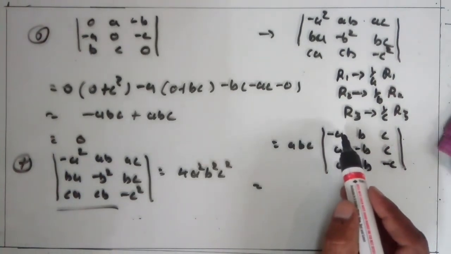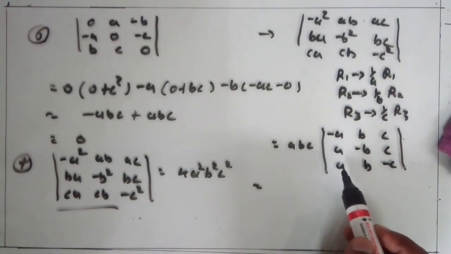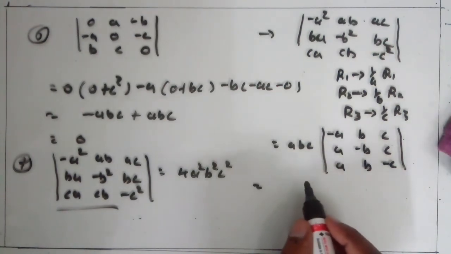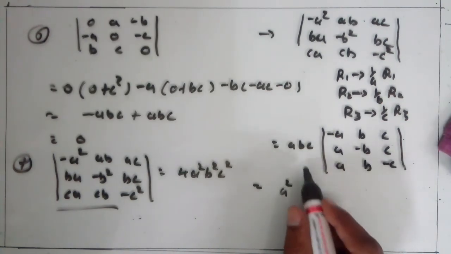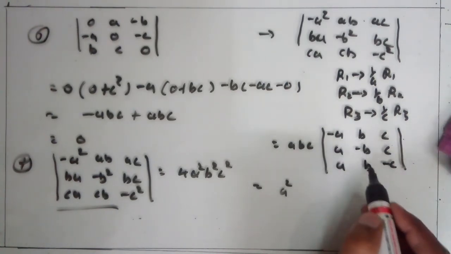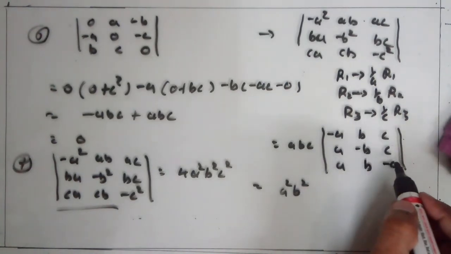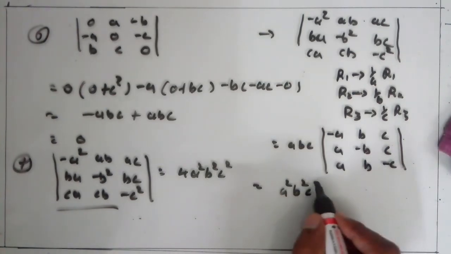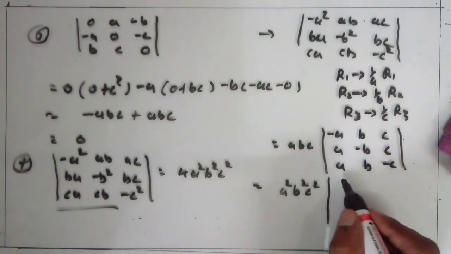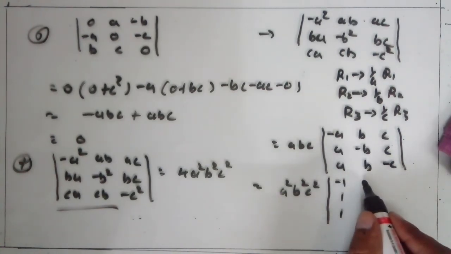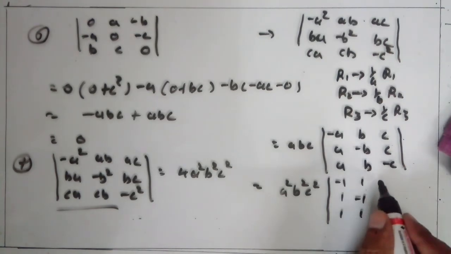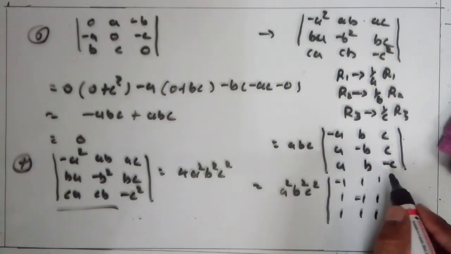Now A taken common from the first column, here we get x square. B taken common from the second column, so we get b square. C taken common from the third column, we get c square. So in the first column we get minus 1, 1, 1. Second column 1, minus 1, 1. Third column 1, 1, 1.